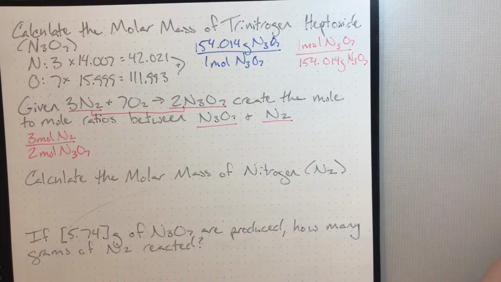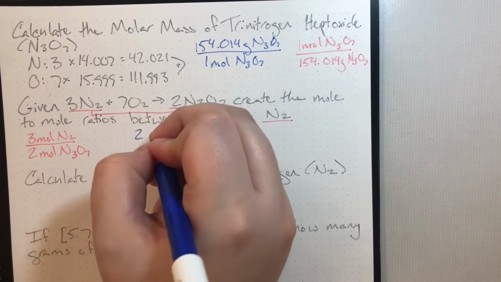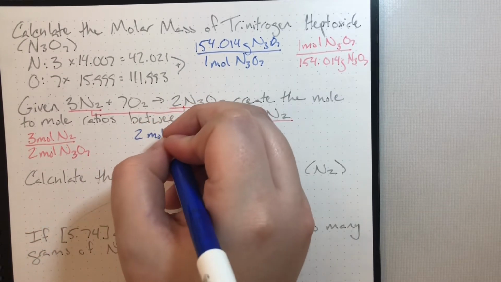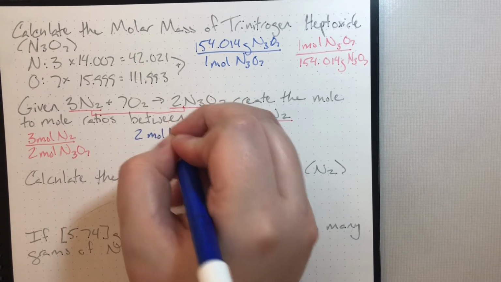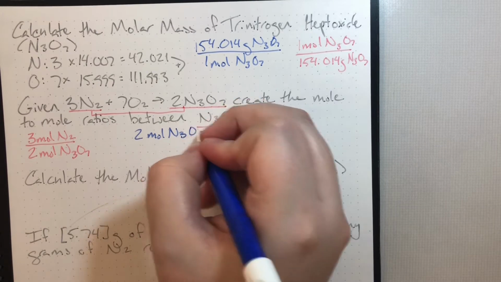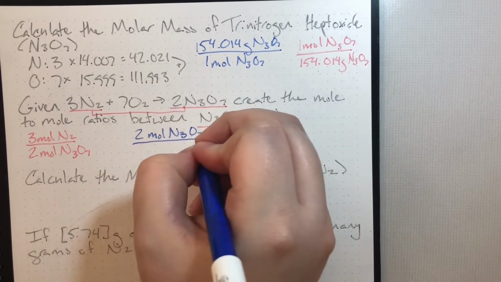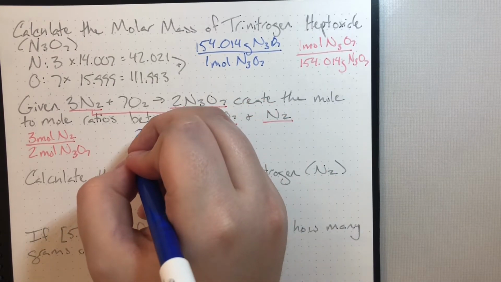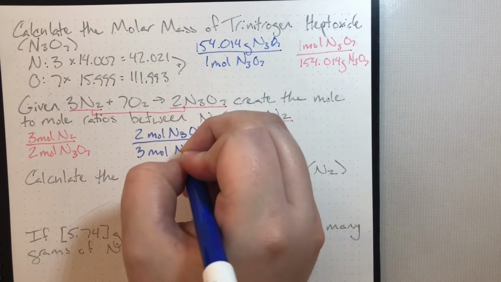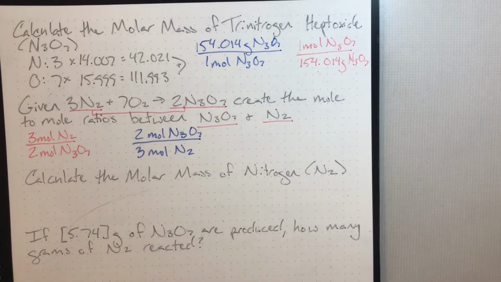Since this is a conversion factor, I will go ahead and flip the conversion. And instead of saying for every 3 moles of nitrogen, I have 2 moles of trinitrogen heptoxide, I will say for every 2 moles of trinitrogen heptoxide, I have 3 moles of nitrogen.